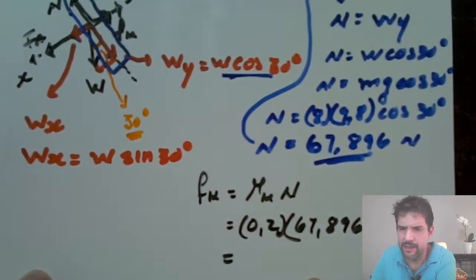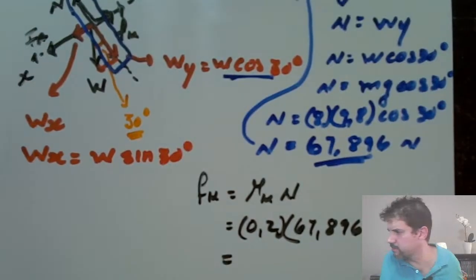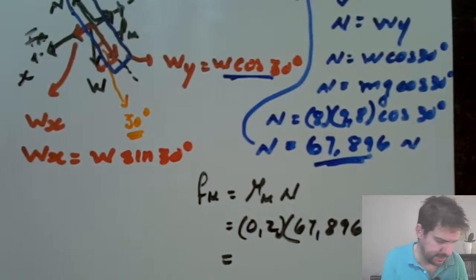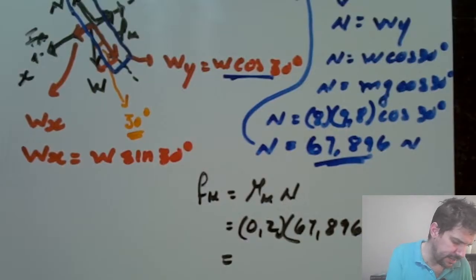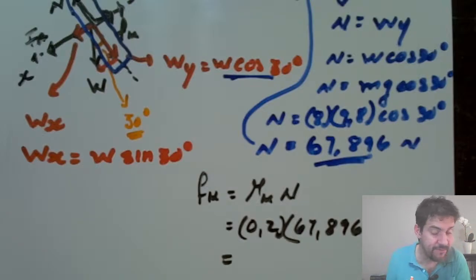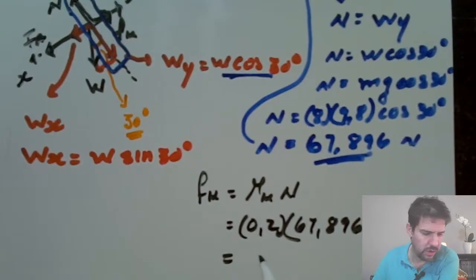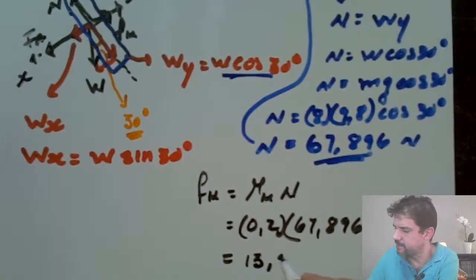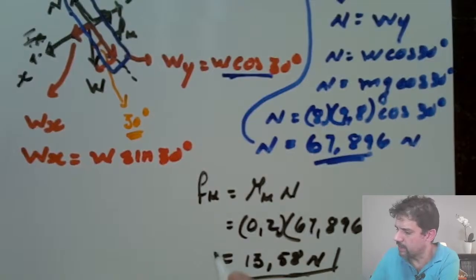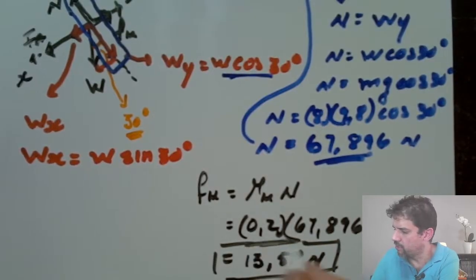Then I multiply that one, and I hope I don't make a mistake. 0,2 times 67,896 is equal to 13,572. I'm going to round off this final answer to 2 decimal places, so I'll get 13,58 Newton. This one is the frictional force that is acting on that M1.